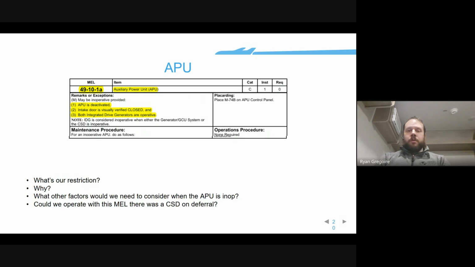So one or the other would be providing alternate ground power. So if we think about the functions of the APU specifically on the ground, we've covered its function as a generator. What is the other thing it does for us on the ground?